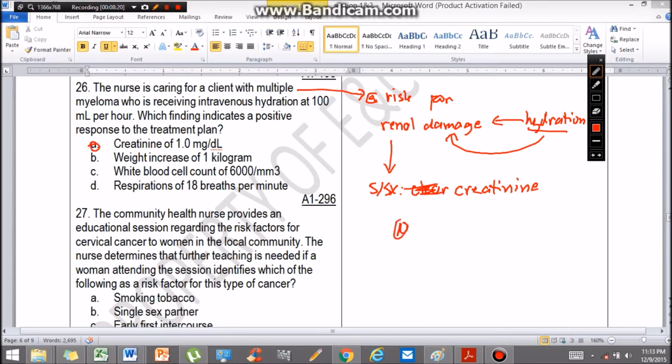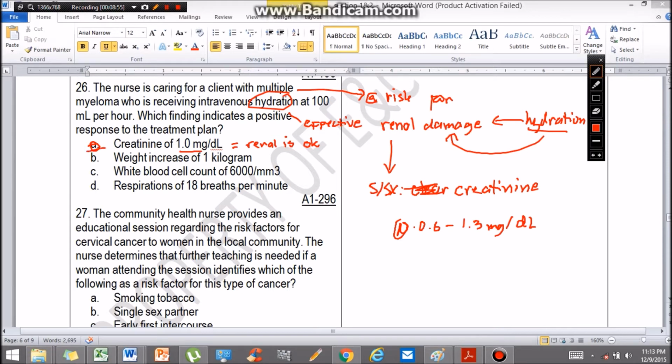The normal value for creatinine is between 0.6 to 1.3 milligram per dl. So the fact that this is normal means the kidneys are okay or healthy, which means hydration is so far effective.